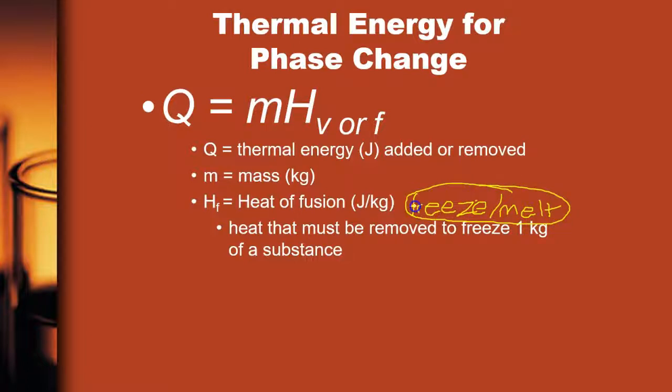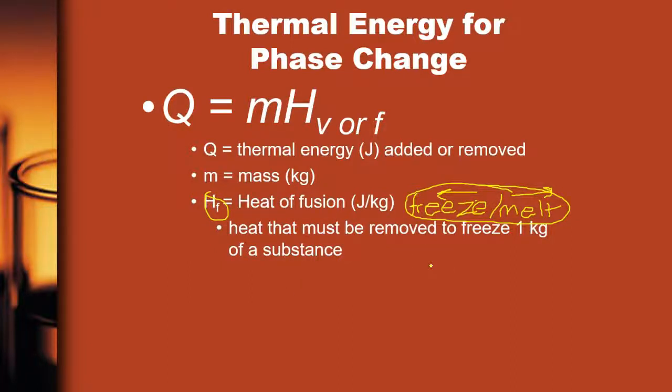We talked about on the phase change diagram that there's only two phase changes: freezing and melting, and vaporization and condensation. They just have different directions. Remember, when we freeze something, we're removing energy from it. When we're melting, we're adding energy to it, but it's the same phase change in opposite directions. So any problem that deals with freezing and melting, we're going to use HF, the heat of fusion.